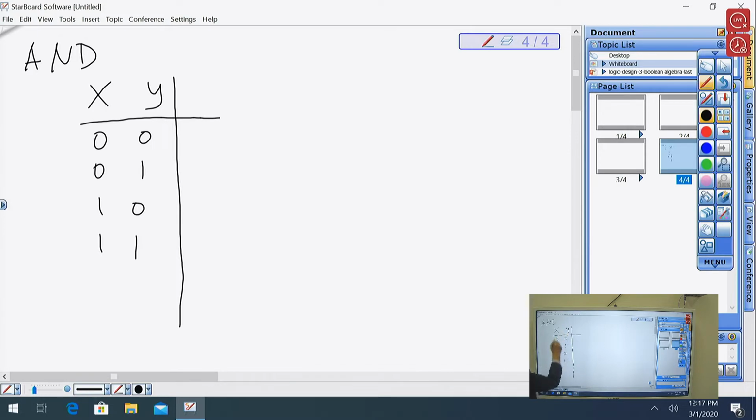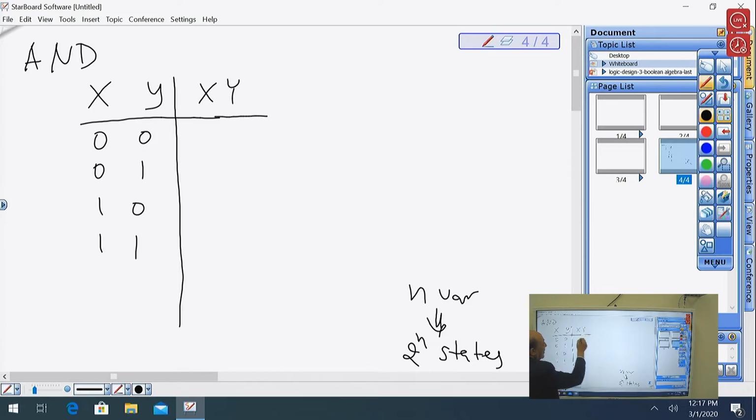For n variables, we have 2 to the power n states. For example, for 3 variables we need 8 states, and here x and y, the value of the function for each state.